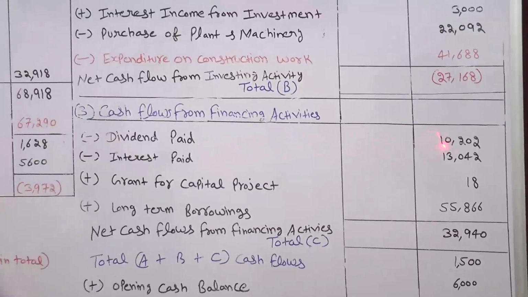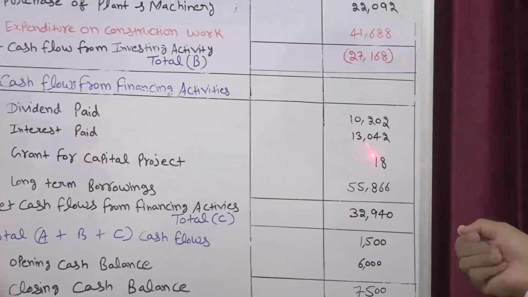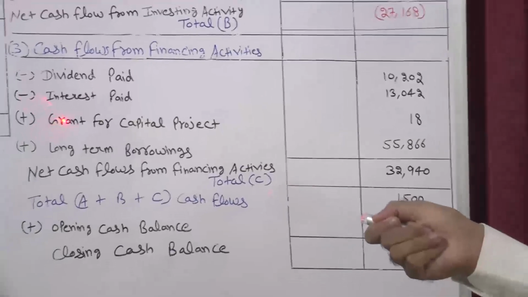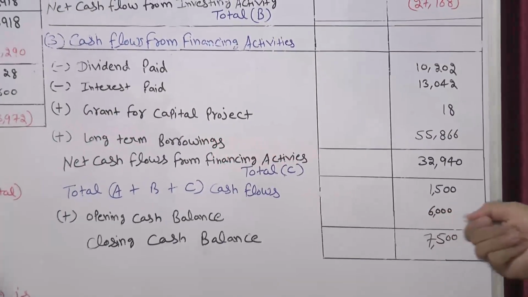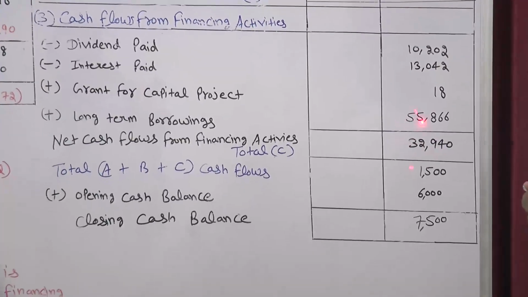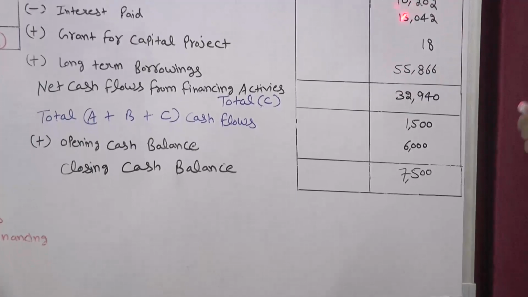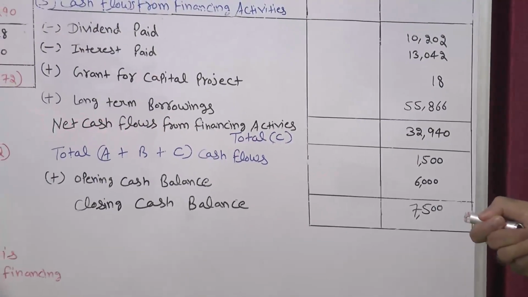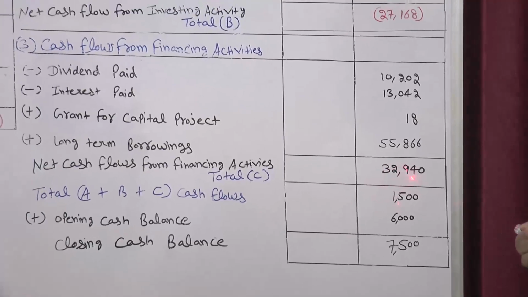Dividend paid 10,202. Then deduct interest paid 13,042. Then add grant for capital project 18. Then add long-term borrowings 55,866. After adding all of these items, we get net cash flow from financing activities, that is 32,940.